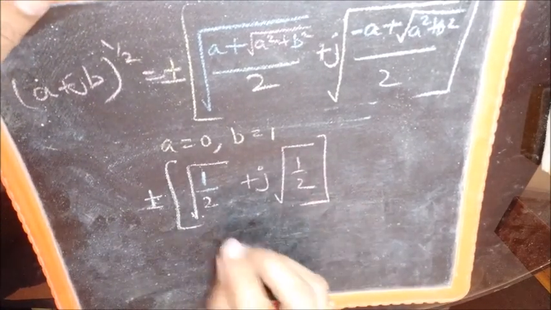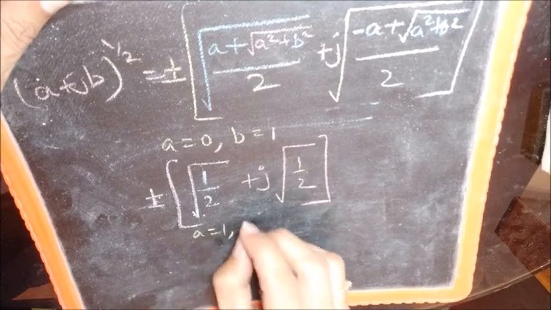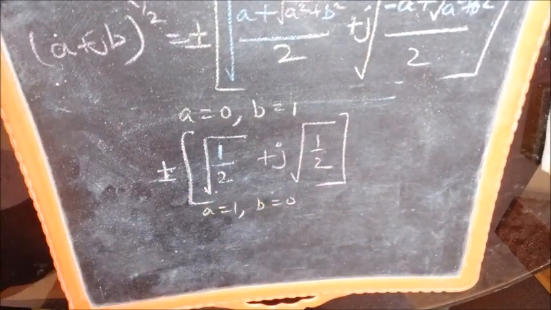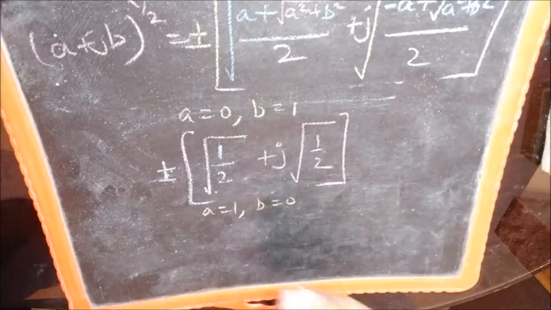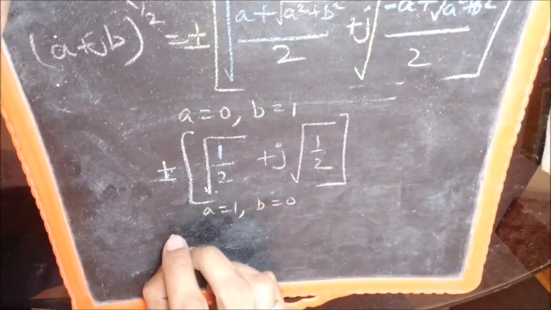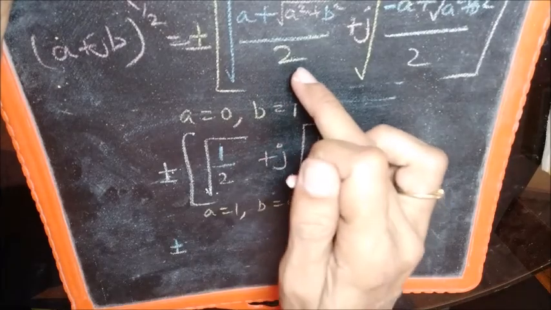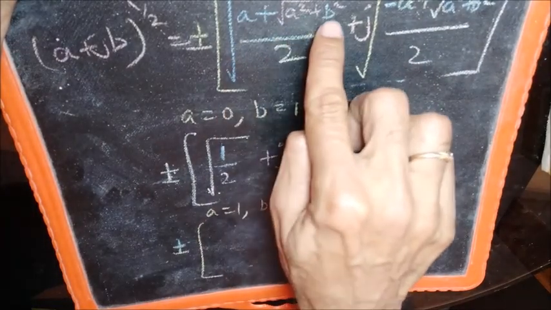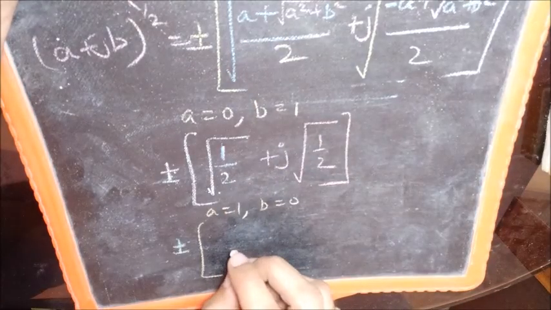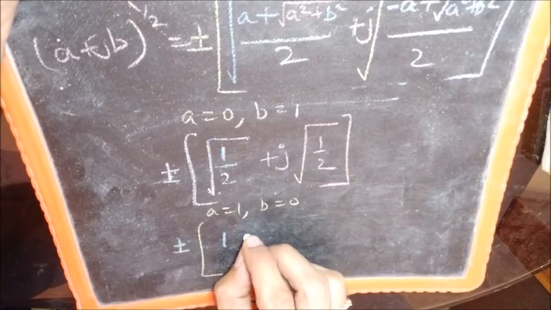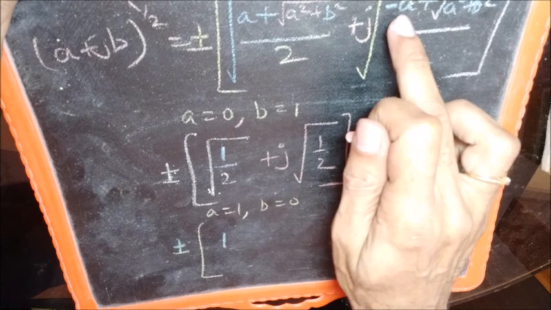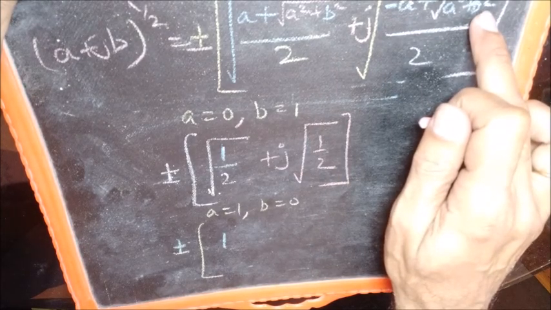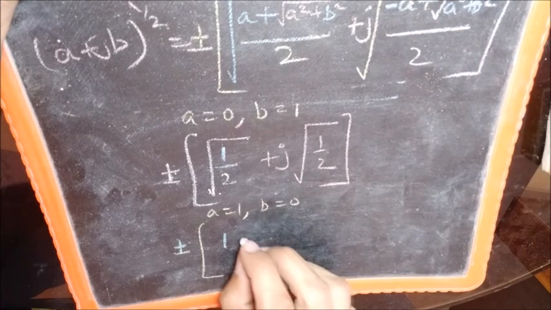Now let's see what happens if a were 1 and b were 0. Now we are just trying to find out the square root of 1, and we know the answer, but let's just substitute and see what happens. When we substitute a as 1 and b as 0, this becomes square root of 2 by 2, which is 1, and the j part we get as 0.